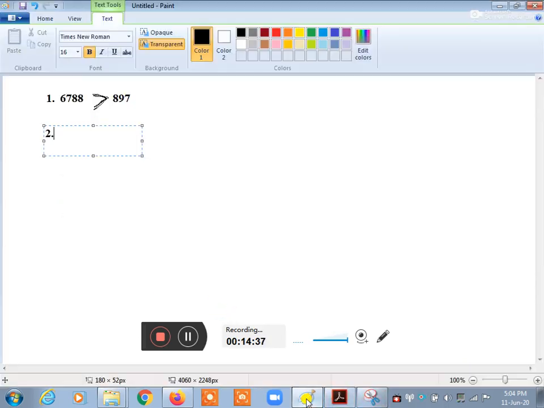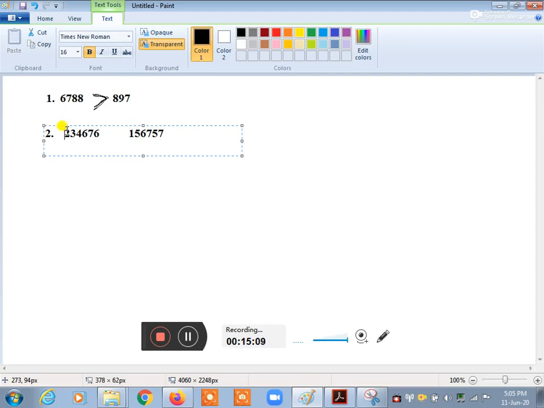So the second rule is, if both sides have the same number of digits, 1, 2, 3, 4, 5, 6, here also a 6-digit number, and here also a 6-digit number. So if the digits are the same, we have to compare with the starting number.